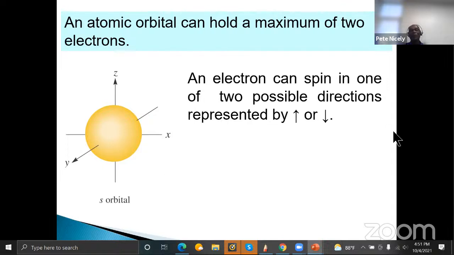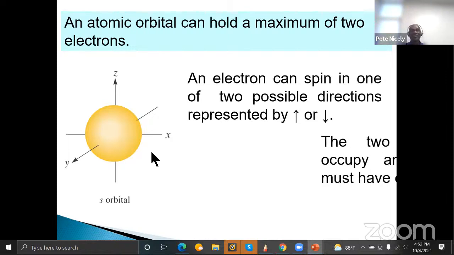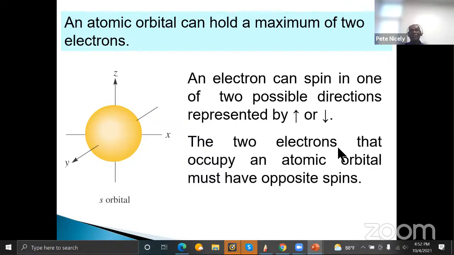And normally we use arrows to represent the direction of spin. So one arrow pointing up represents the electron spinning in one direction, and the other arrow pointing down represents the electron spinning in the opposite direction. So in this particular case, we have the 2 electrons occupying the orbital, and they must be spinning in opposite directions.